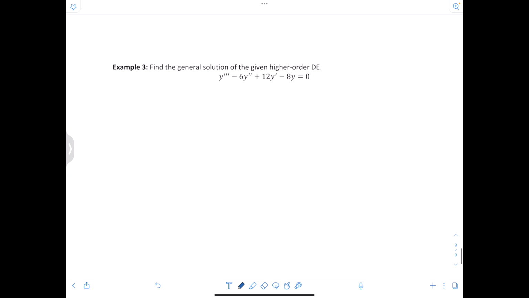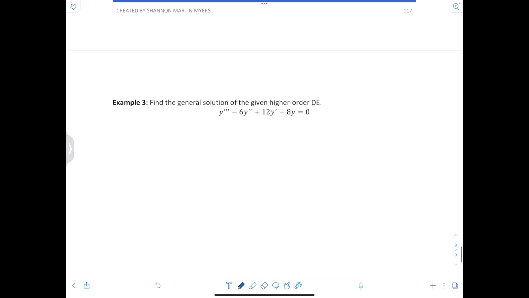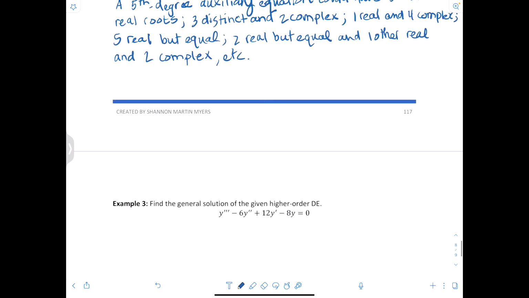So example 3, find the general solution of the given higher order differential equation. So we've got y triple prime minus 6y double prime plus 12y prime minus 8y is 0.